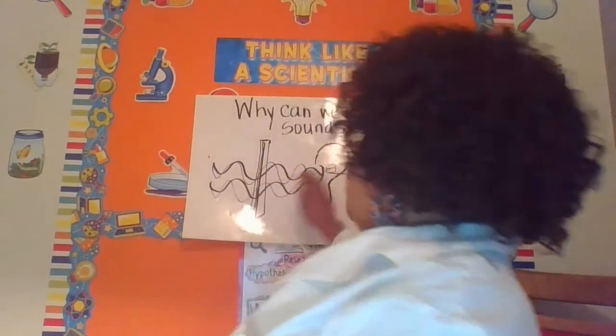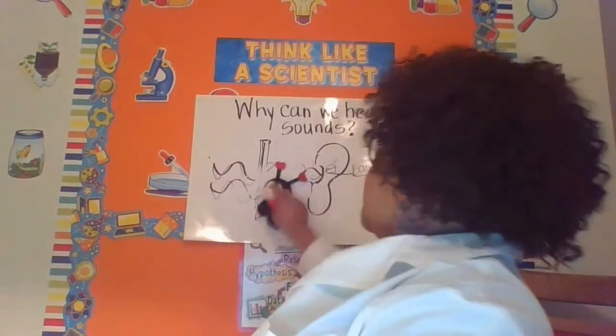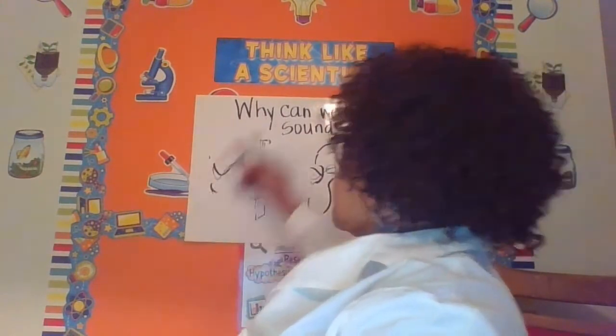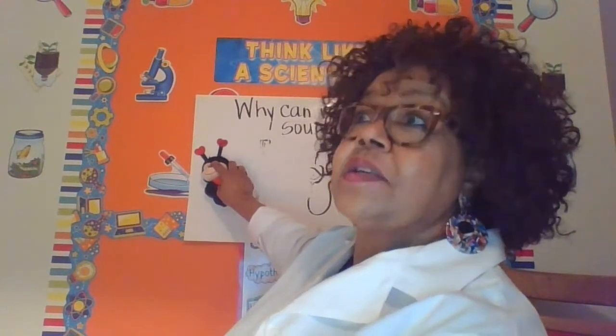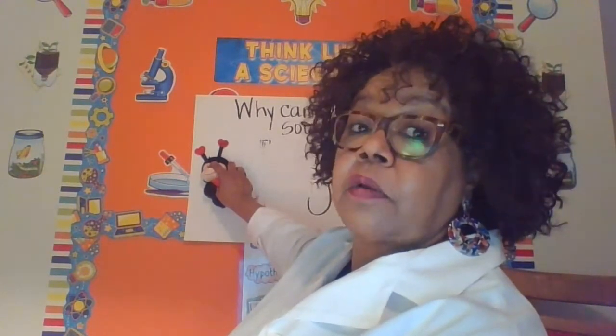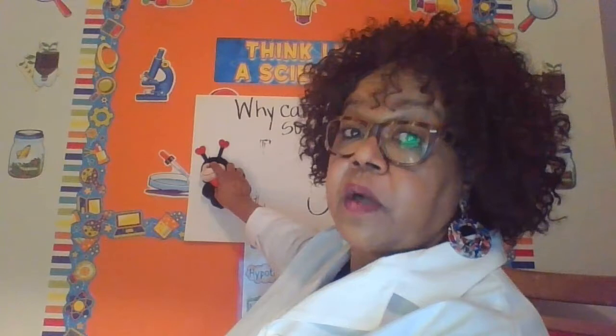All right. If we look at our demonstration up here, Tommy's going to erase the sound waves. Now I also turned my head away from the screen, so it may have been a little bit lower than it was before.